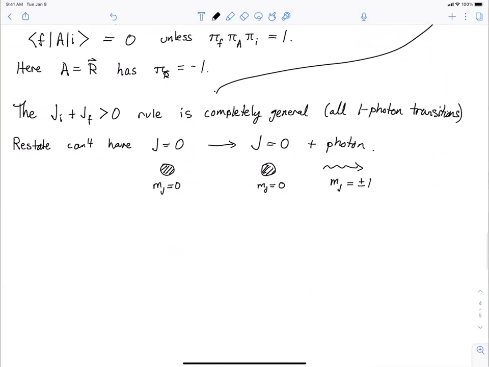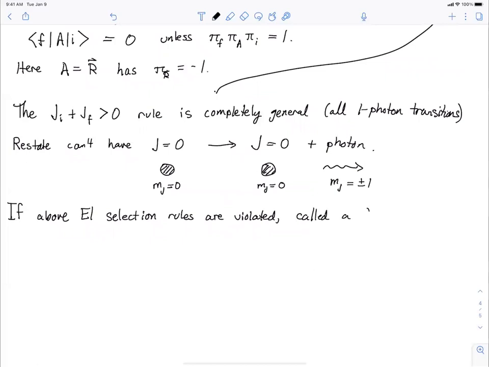That's just the word we use. So if the above E1 selection rules are violated, it's called a forbidden transition.